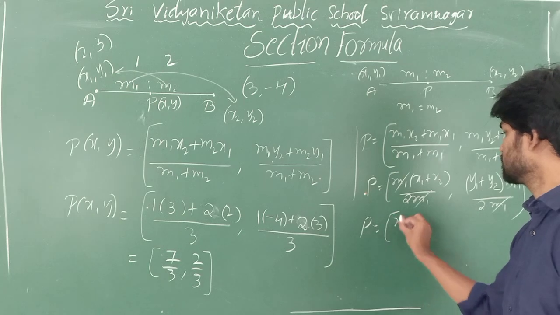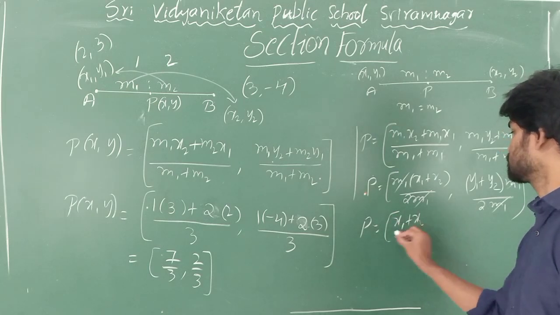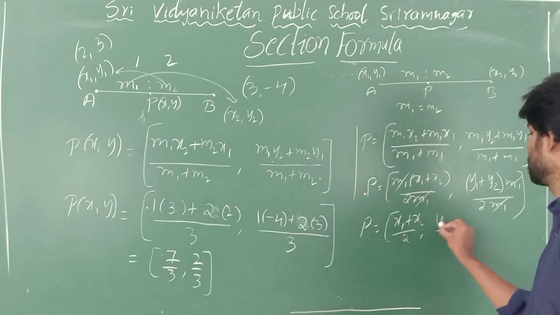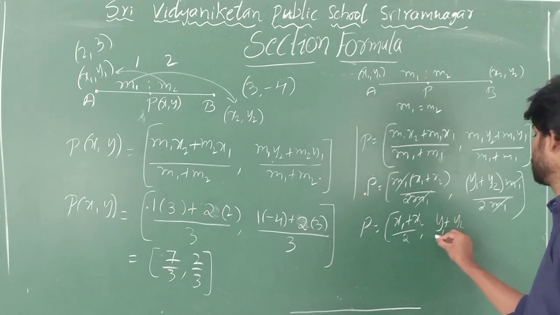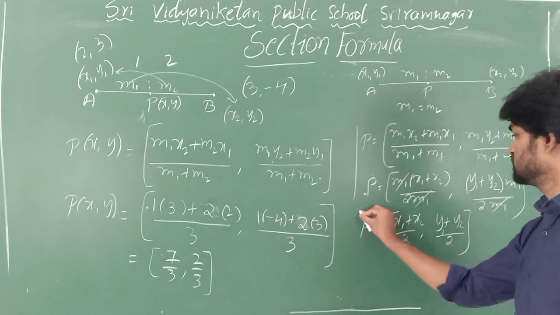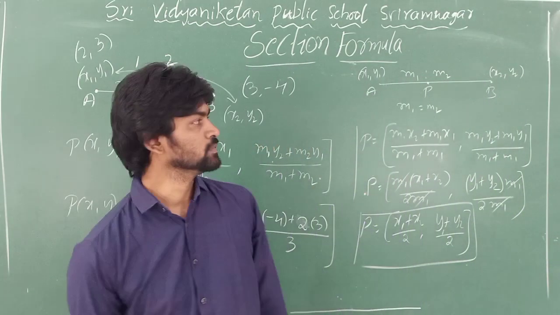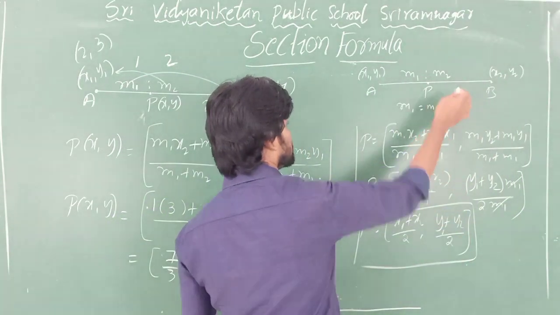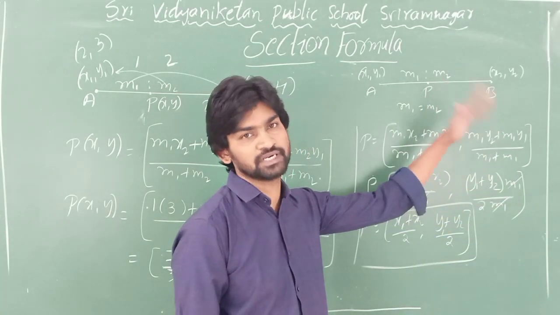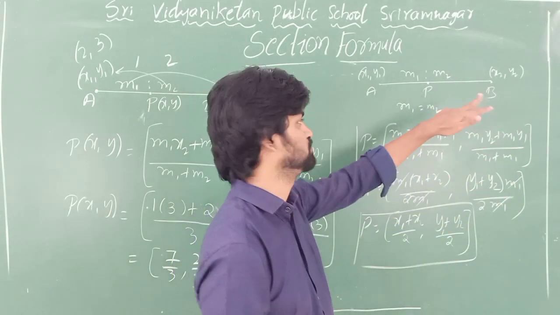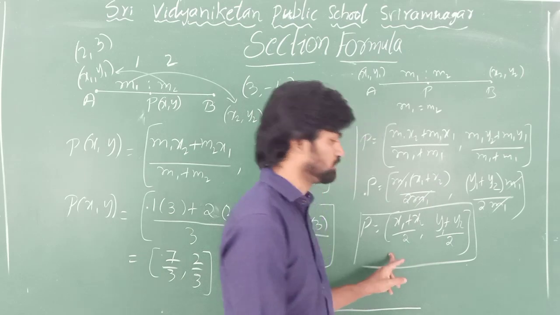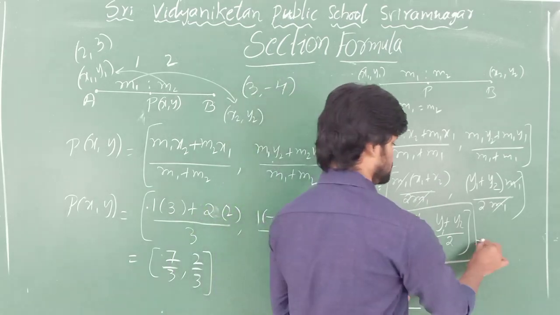You will get (x1 plus x2) by 2, (y1 plus y2) by 2. This is the midpoint. If M1 and M2 are equal, P lies in the middle, so P becomes the midpoint. This is the formula of the midpoint.